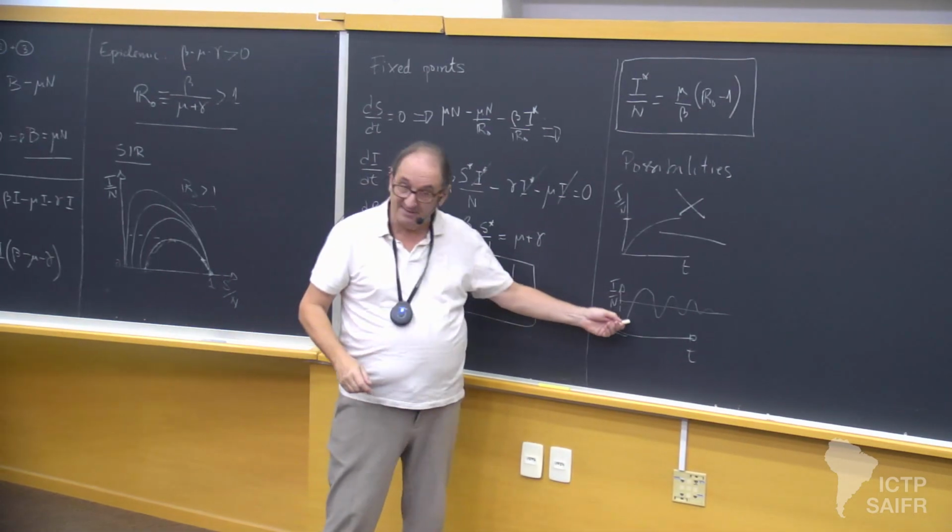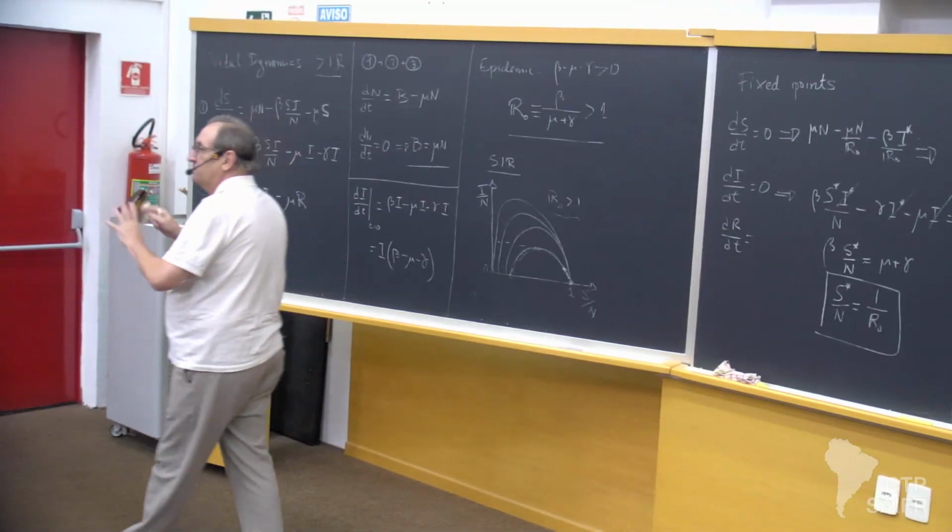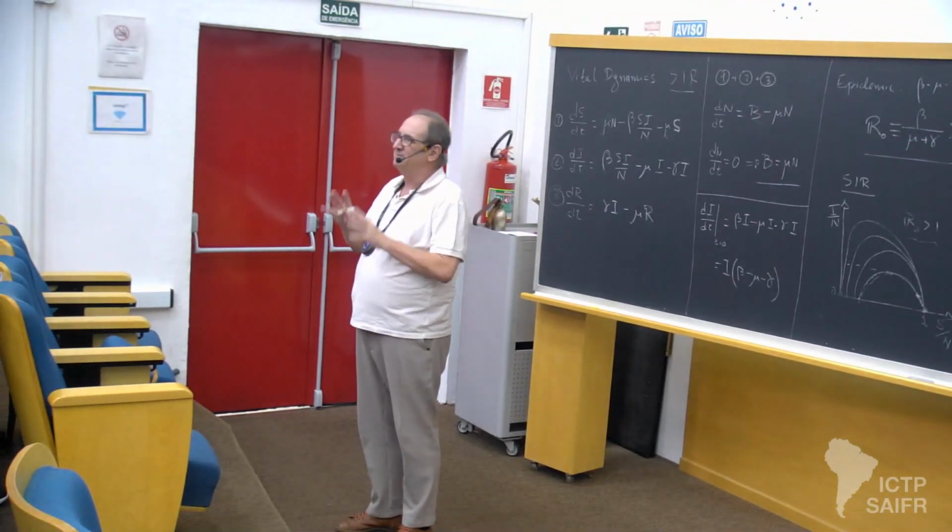What happens is this. How do I know this? I won't do the calculation because I need some linear algebra.